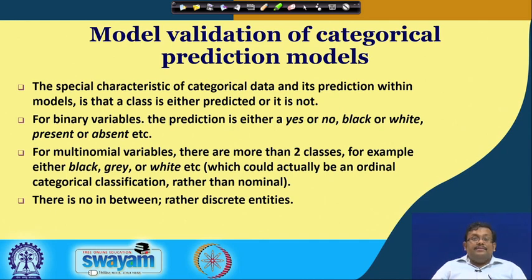For binary variables the prediction is either yes or no, black or white, present or absent. For multinomial variables there are more than two cases, for example black, grey or white, which could actually be an ordinal categorical classification rather than nominal, and there is nothing in between, just discrete entities.